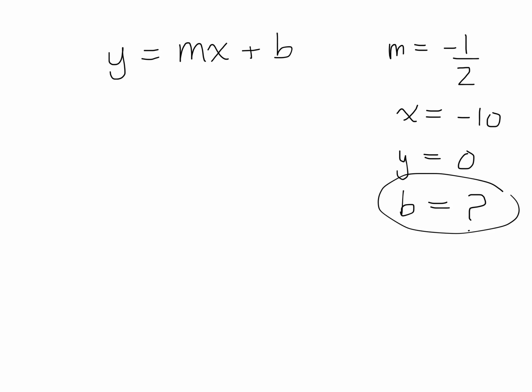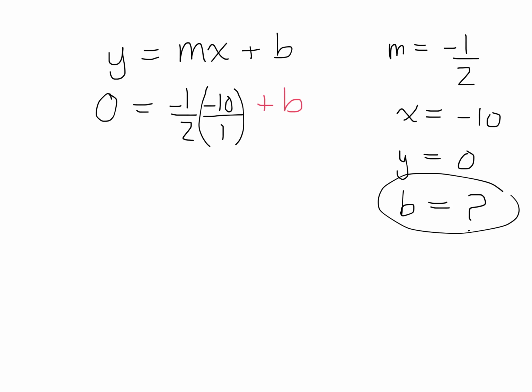What am I replacing y with? I'm replacing y with 0. What am I replacing m with? What am I replacing x with? Negative 10. Write m as a fraction, plus b. Why do I need to find b? I need that to write the equation of the line, right? I can't write an equation of a line if I don't know b.